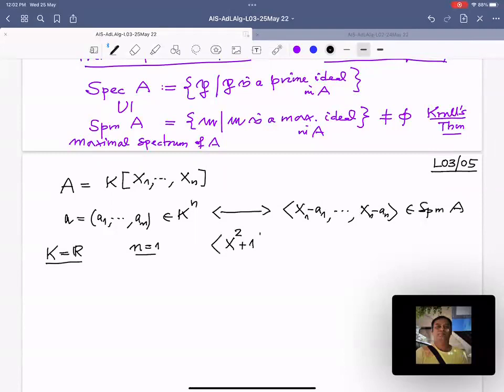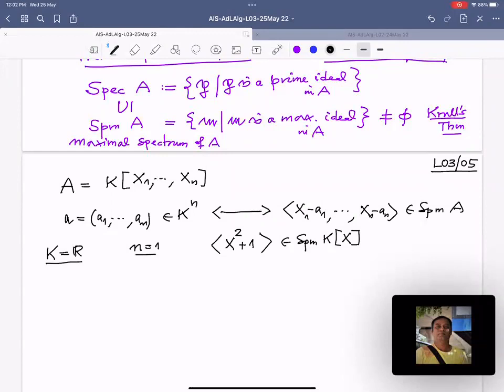The ideal generated by this is indeed a maximal ideal in the polynomial ring R[x], because this is an irreducible polynomial and therefore generates a prime ideal, and in a PID prime ideals are maximal. So this is a maximal ideal, but it is not coming from a point. So for real numbers it is complicated. For complex numbers, it is true.